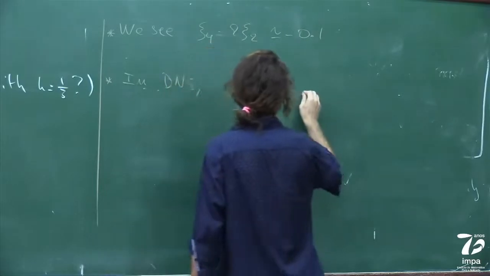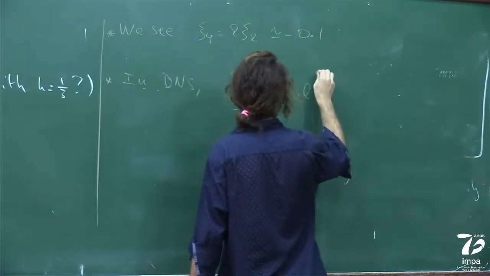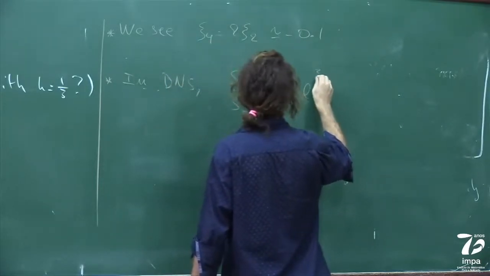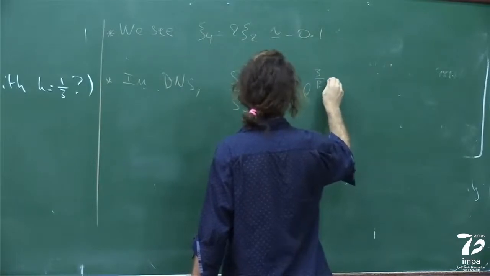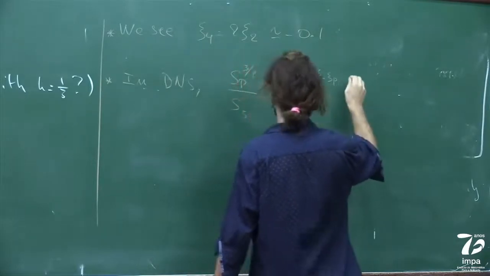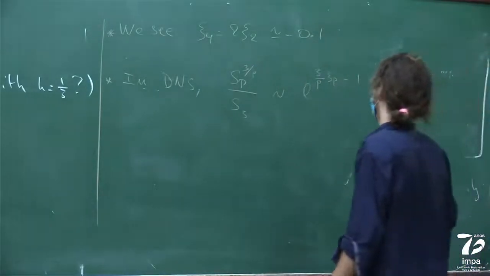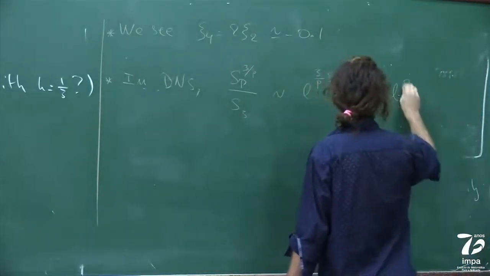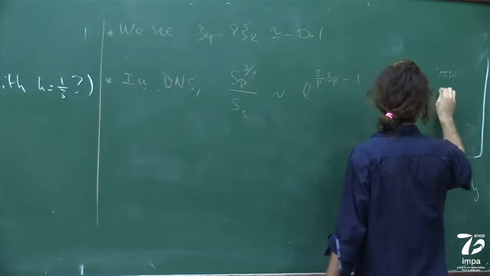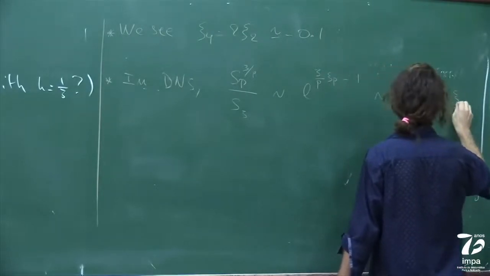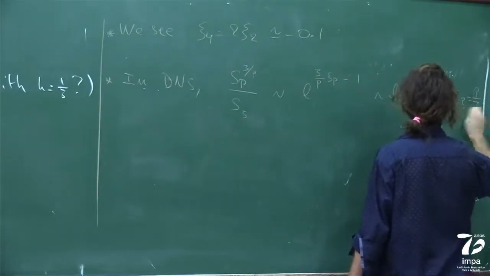This should behave as L to the power 3 over P, say P minus 1. Okay? So it should behave as L to the power 0 if psi P equal P over 3.